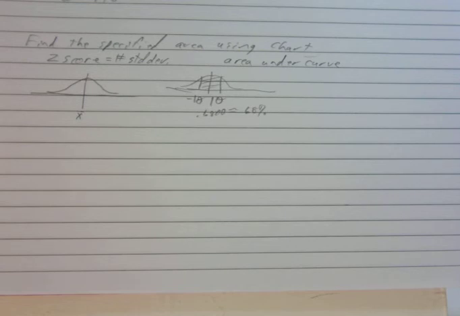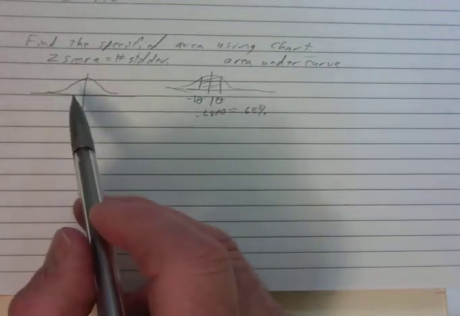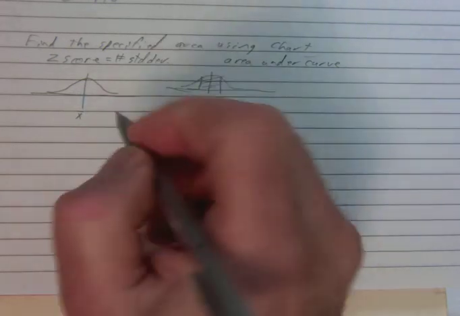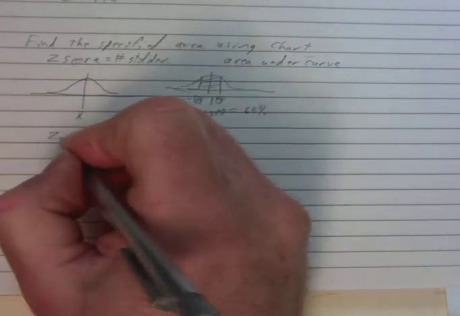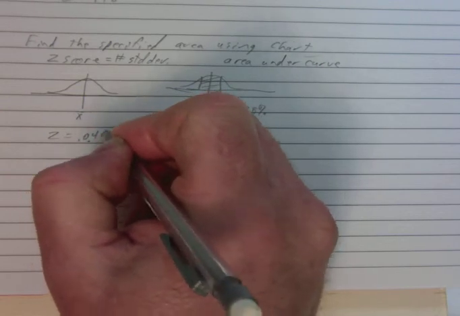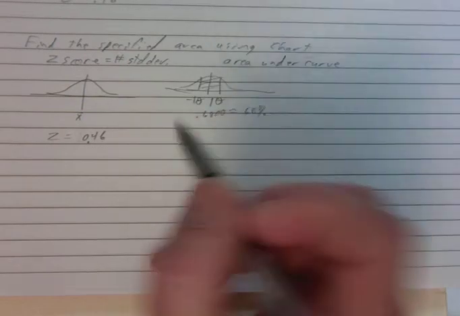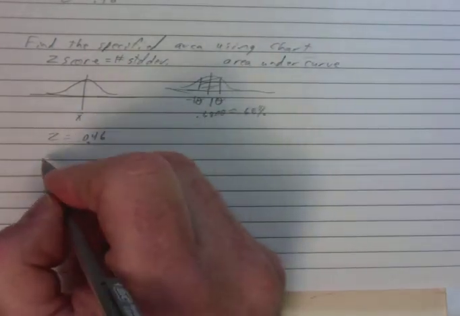So, when we're looking at where our z-score is on the table, the problem that was asked specifically in this case was z equals 0.46, sorry about that. And you want to find the area to the right.